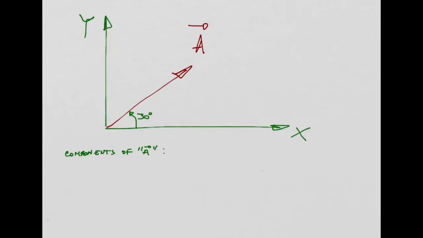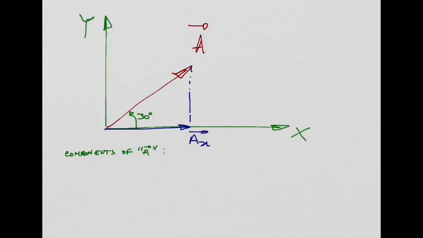So what I will say is that we have to decompose this vector along the coordinate axes. So I'm going to decompose A in the horizontal x direction. So this vector here, I will call it AX.